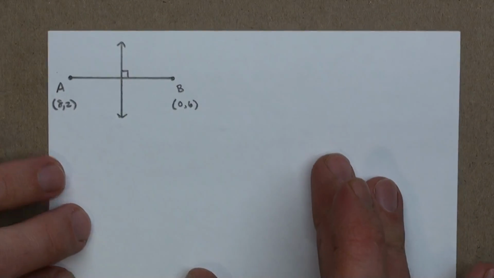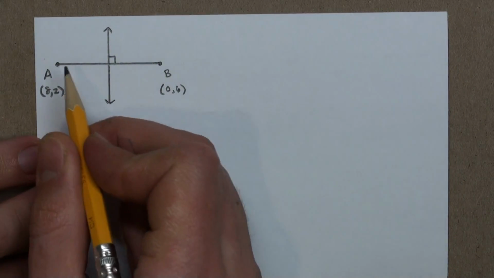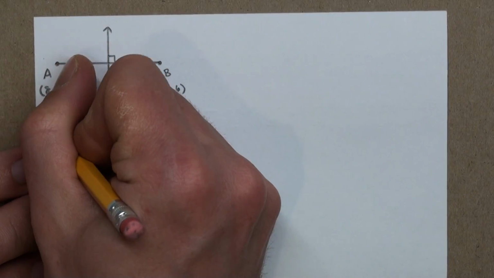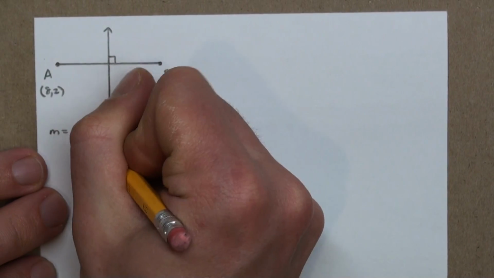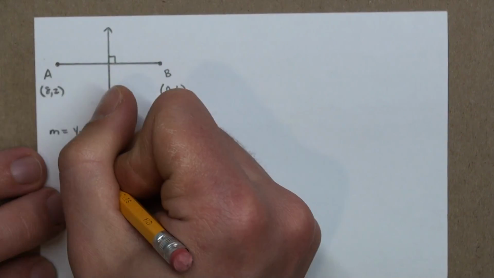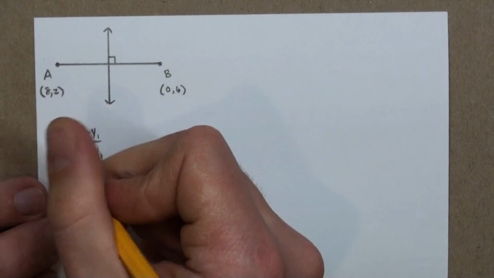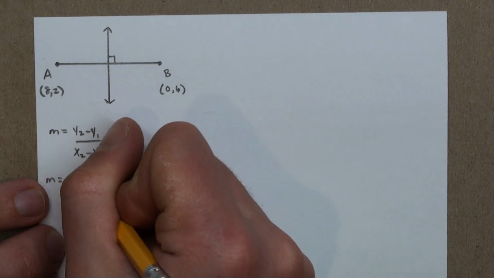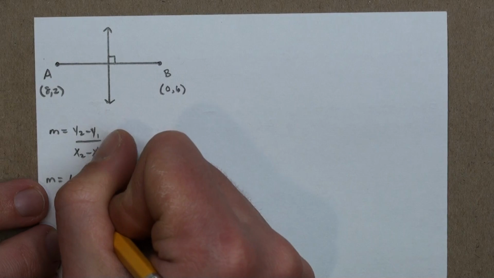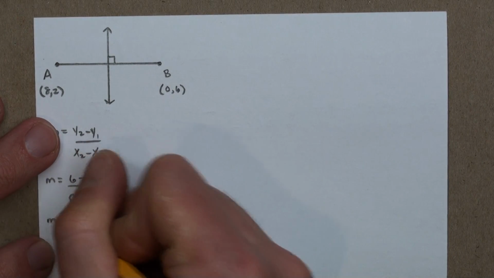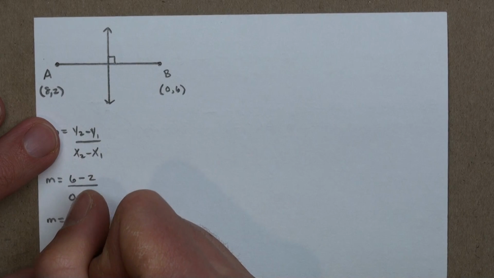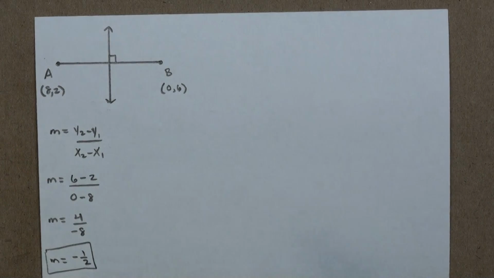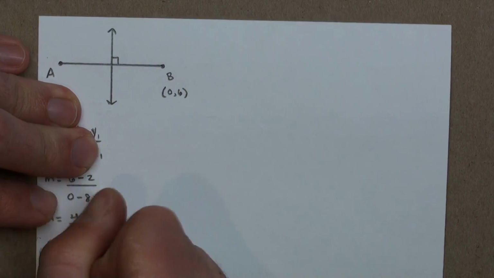That's it. Okay? So first, let's find the slope of this segment, right? m equals y2 minus y1 over x2 minus x1. m equals 6 minus 2 over 0 minus 8. So that's 4 over negative 8, which is negative 1/2. Actually, hang on. Let's not box that out.